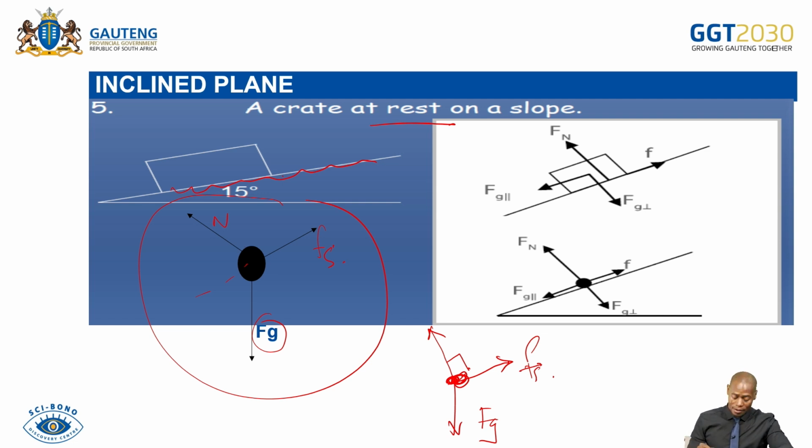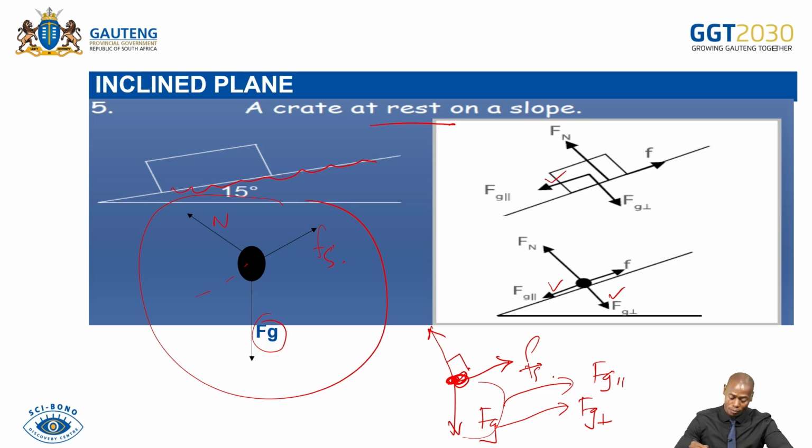Then when it comes to an incline, we can resolve weight into its components: Fg parallel and Fg perpendicular. The parallel component of weight is always acting down the slope, and the perpendicular component of weight is always perpendicular to the surface.